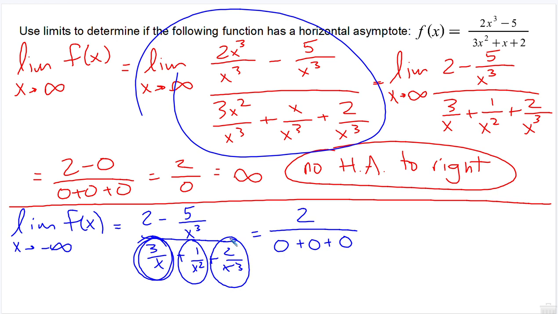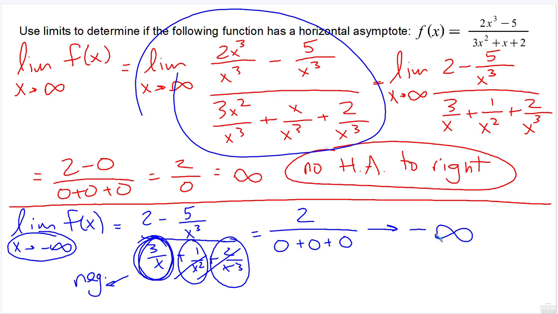So these two things are even closer to 0 than this is, and this thing happens to be negative when x is approaching negative infinity. So really what we're looking at here is this is becoming negative infinity, which is telling us that this function is decreasing without bound as the x values approach negative infinity.